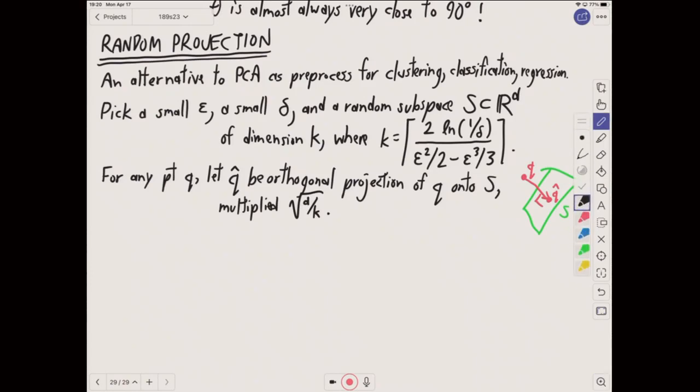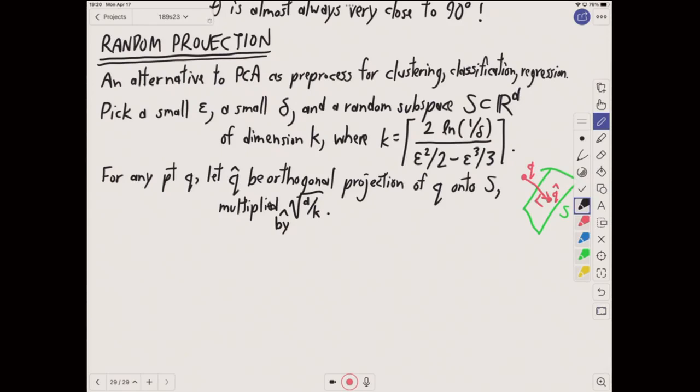Oh, multiplied by, pardon me. Now, the reason why we're going to do this is that we want a method where, when you take the points and project them down to this lower dimensional subspace, the distance between the projected points is approximately the same as the distance between the original points before you projected them.